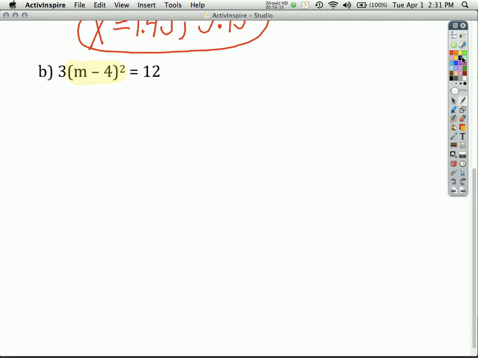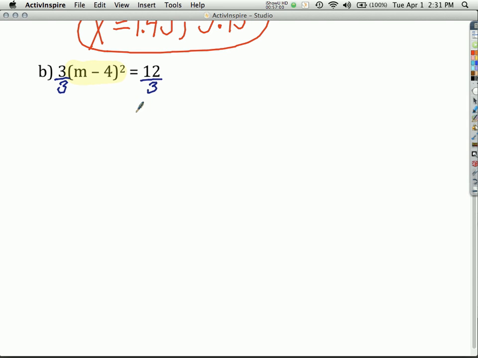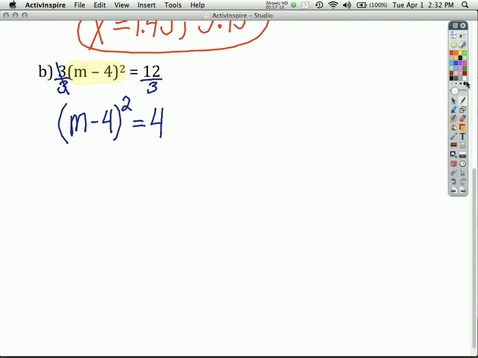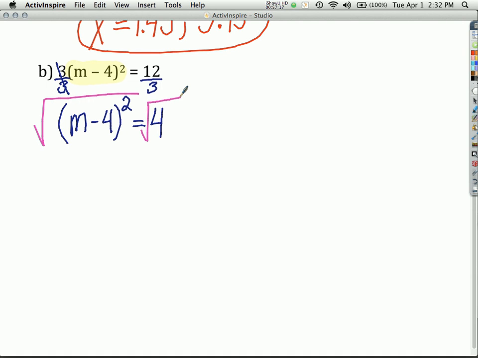So do what we've done before, get rid of the 3, and we're now left with this, the square. Once we have the square, we can square root it. Square root this, and square root this. The square root symbol gets rid of the square, and we're left with m minus 4 equals.